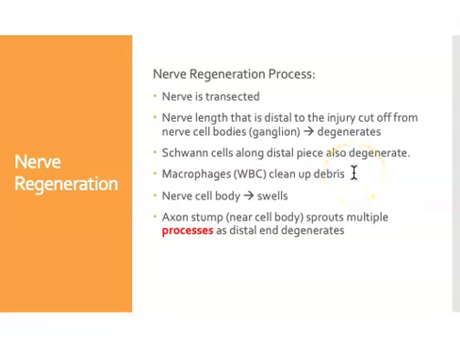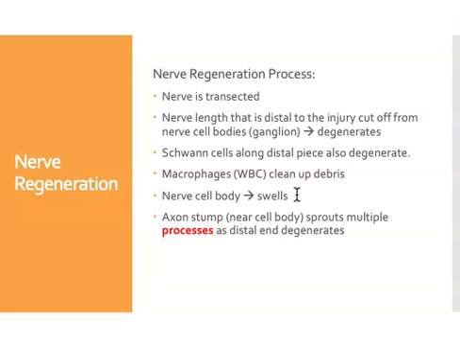The end of the cut nerve that has the nerve cell body attached to it is going to undergo a change. And the most noticeable thing that first happens is it swells up. Now, it's likely that the reason it swells is because it becomes suddenly very metabolically active.